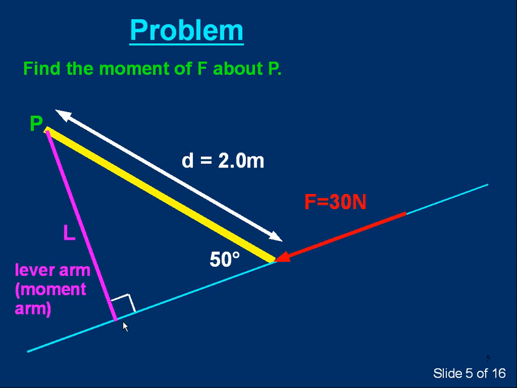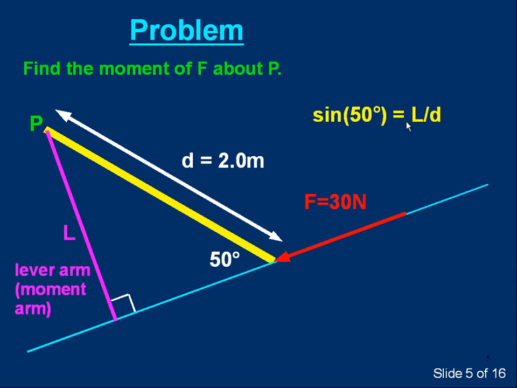To work out the moment of the force about P, we're going to multiply F, 30 newtons, by this length. So the problem is, how do we work out this length L? Well, if you look, we have a right angle triangle. The sine of angle 50 is the opposite side, which is L, divided by the hypotenuse, which is d. Let's write that down.